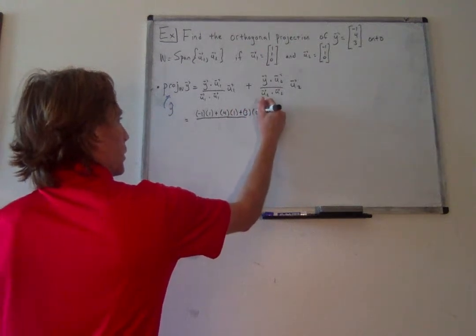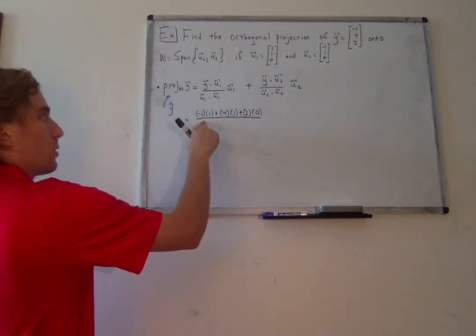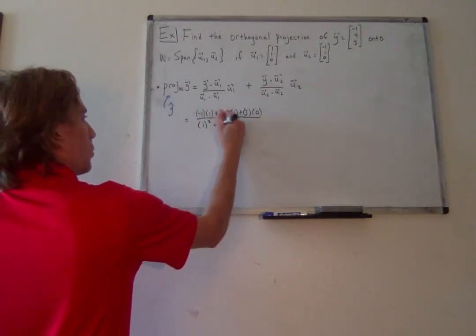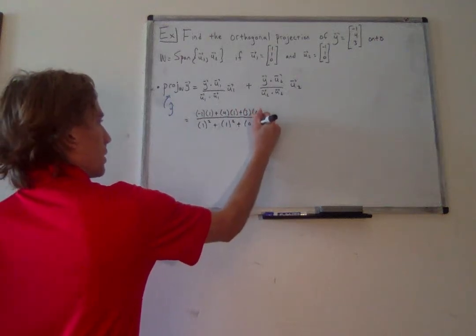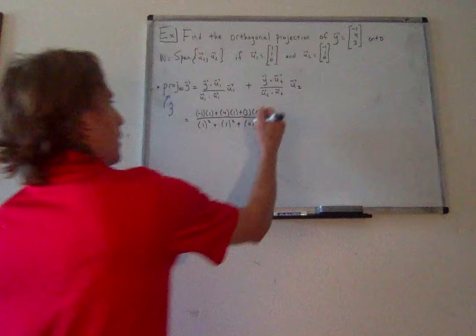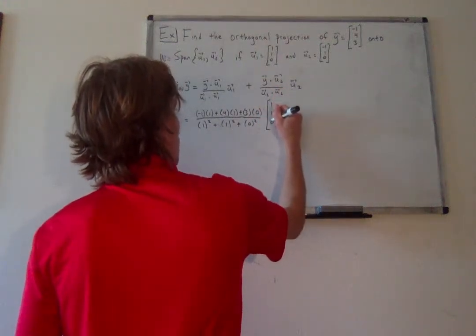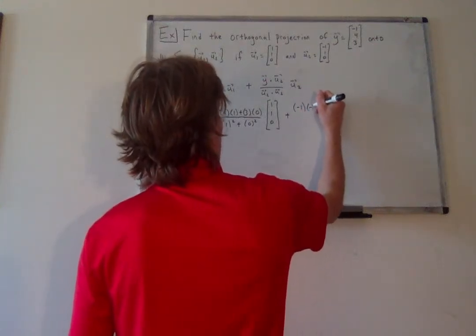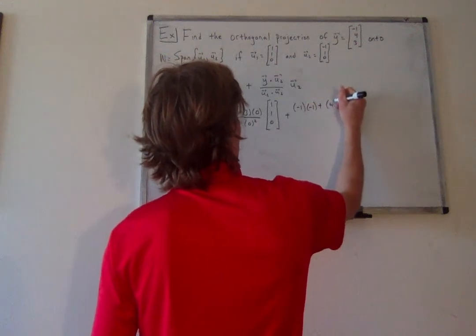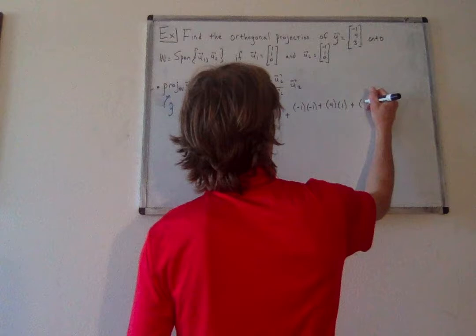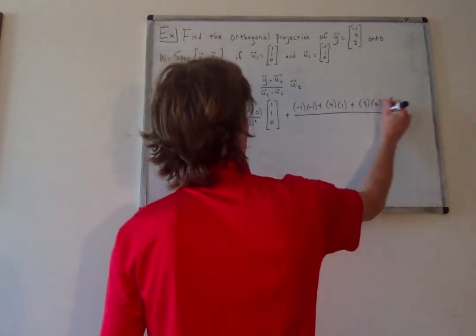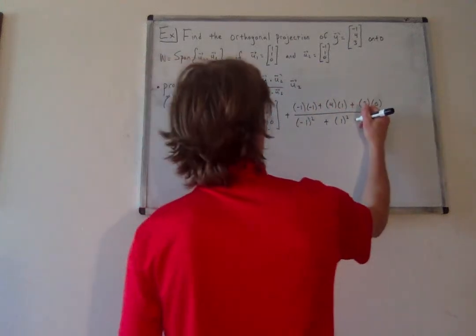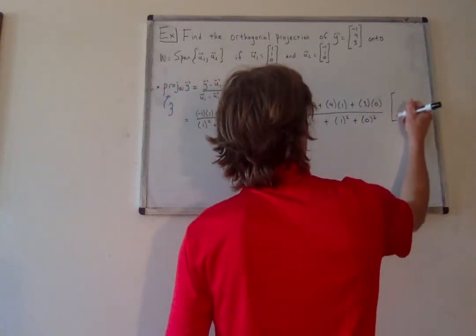The numerator of the first fraction is y dot u1, so negative 1 times 1 plus 4 times 1 plus 3 times 0, over u1 dot u1, which is the sum of the squares of the entries of u1, times the vector u1, plus now y dot u2, which is negative 1 times negative 1, plus 4 times 1 plus 3 times 0, all over u2 dot u2, which is negative 1 squared plus 1 squared plus 0 squared, times the vector u2.